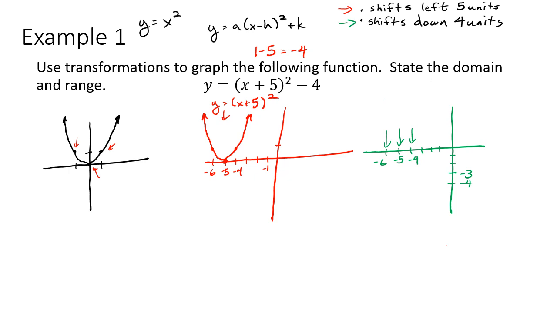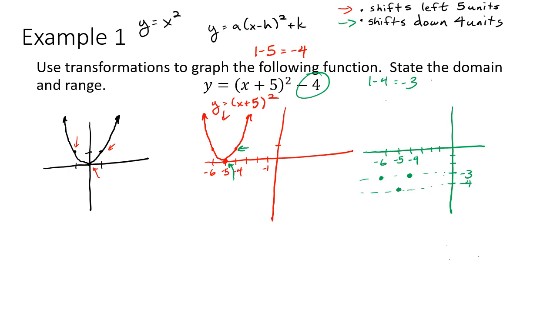It's just my y's that are changing this time. So if I start at the one that has a y value of 0, if I subtract 4 from that, I move it 4 down, it would now be down at a y of -4. The other two are both at a y of +1. So if I move those down 4, that would put them at a y of -3.